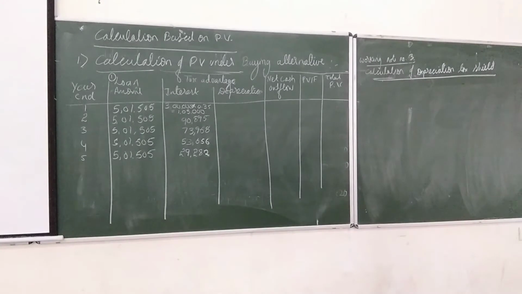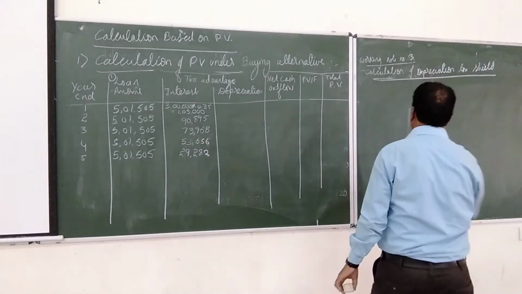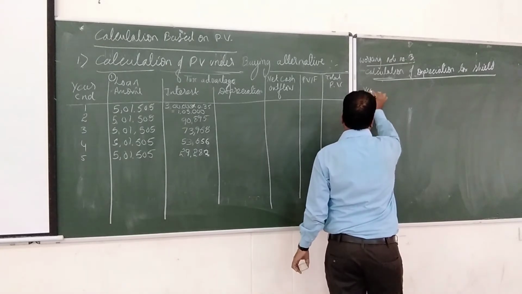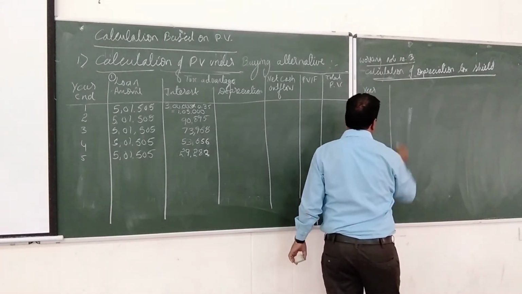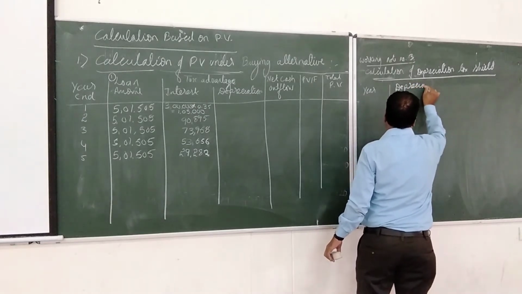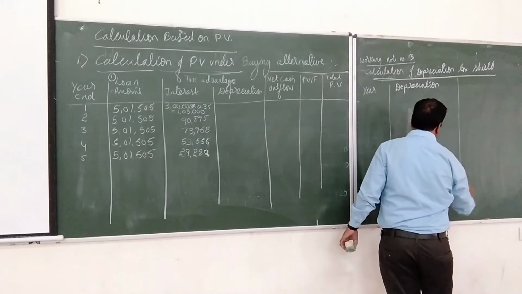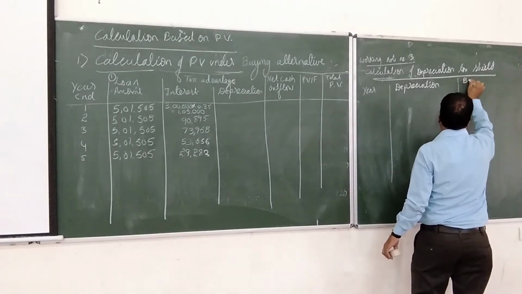When we calculate the depreciation tax shield, what are the things that we should consider? Yeah, we should go with the tax shield. So year, depreciation, and then balance at the end of the year. We take the first column as year, then we take depreciation, then balance at the end of the year.